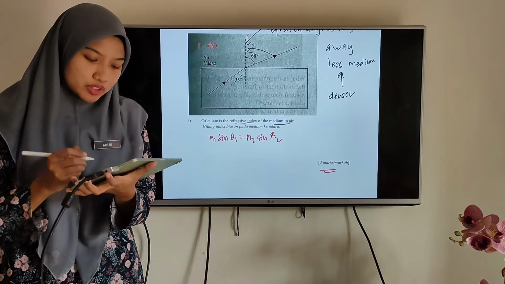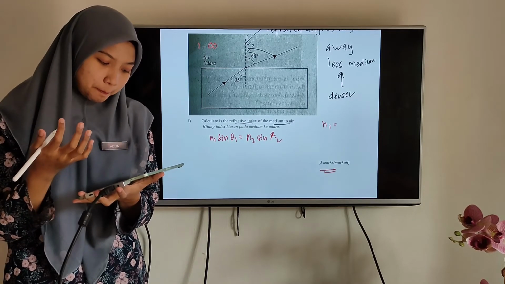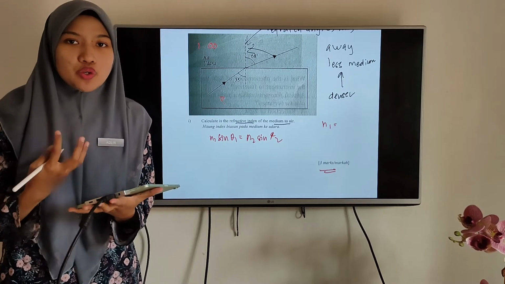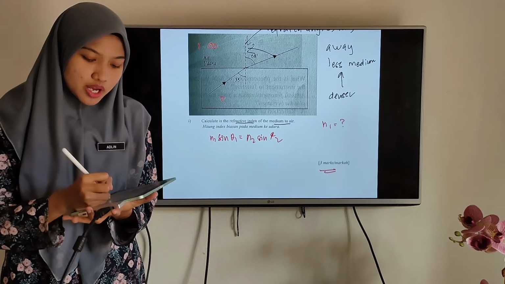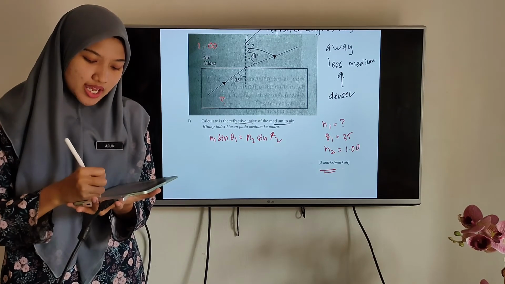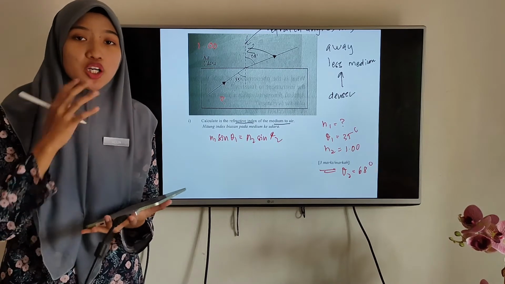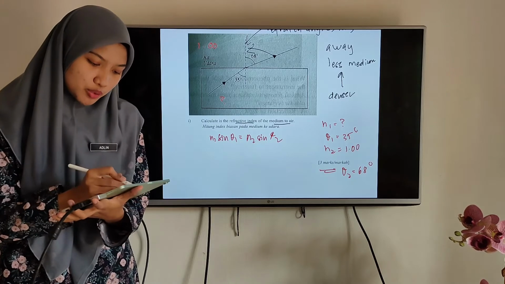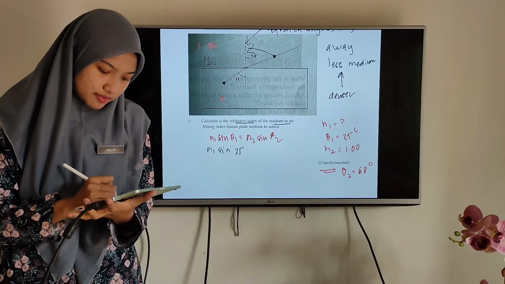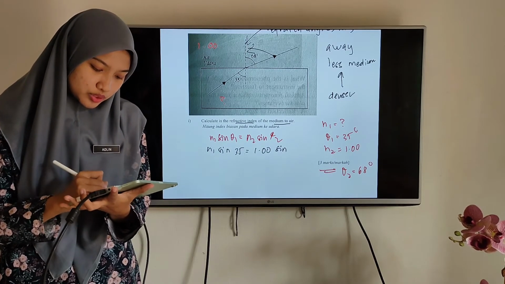So n1, we don't know the refractive index because we don't know what the medium is. Theta 1 we know is 35, n2 we know is 1.00, and theta 2 we know is 68. Okay, put all the information given into the formula. So n1 sin 35 equal to n2 1.00 sin theta 2 68.